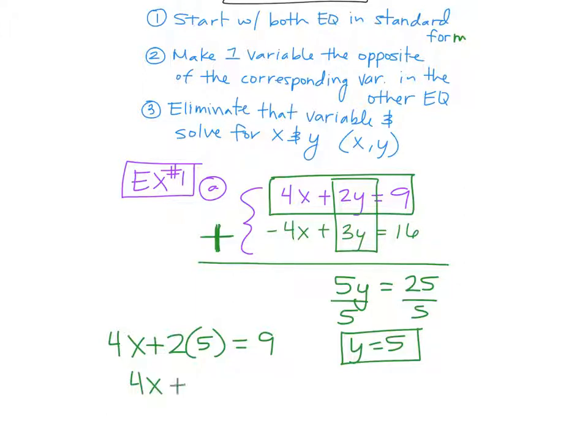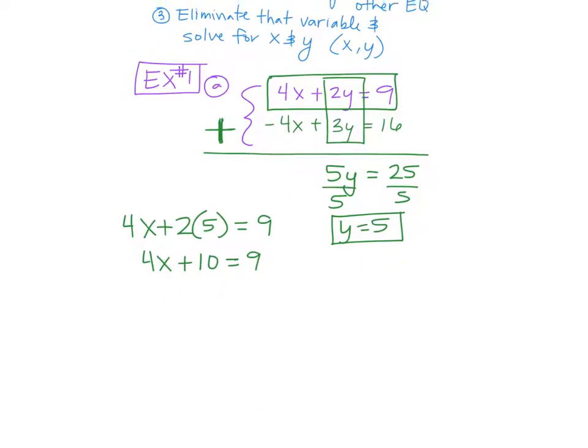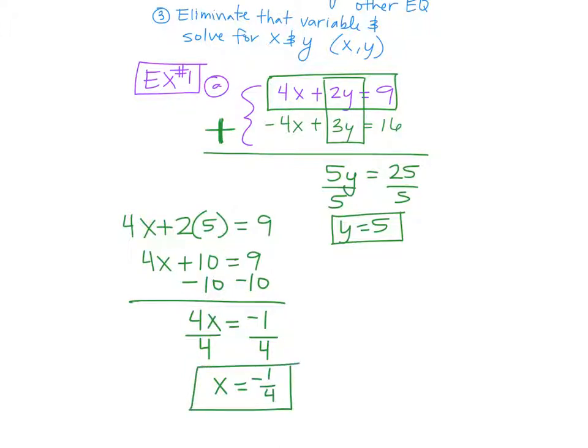So 4x plus 10 equals 9. Okay, we're going to take away the 10. So 4x equals a negative 1. And then we're going to divide by 4 to get x by itself. So x is a negative 1/4, which means our answer is this, negative 1/4, 5.